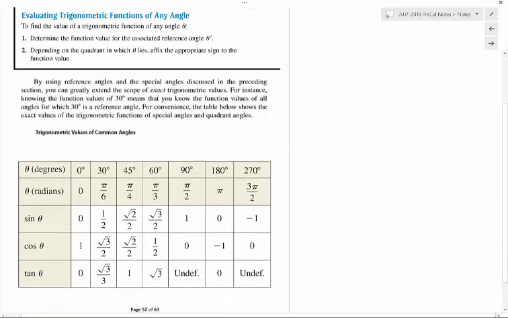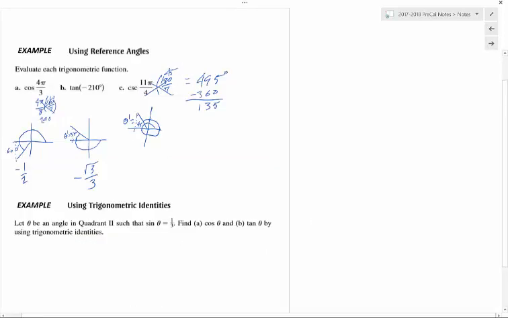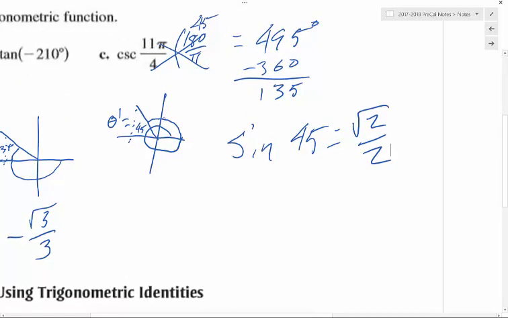So I'm dealing with cosecant. Cosecant is the reciprocal of sine. So I have the sine of 45 is square root of 2 over 2. If the sine of 45 is the square root of 2 over 2, and sine corresponds to y, and I'm above the x-axis, so I'm good for positive, then the cosecant of 45 will be 2 over the square root of 2.